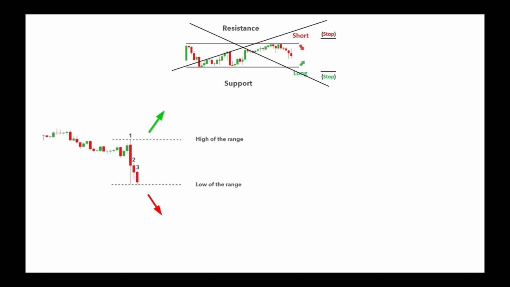And those positions before the news look something like this. You find resistance, you find support, you set your short and long trade, and you wait to see which of these two trades you will create.